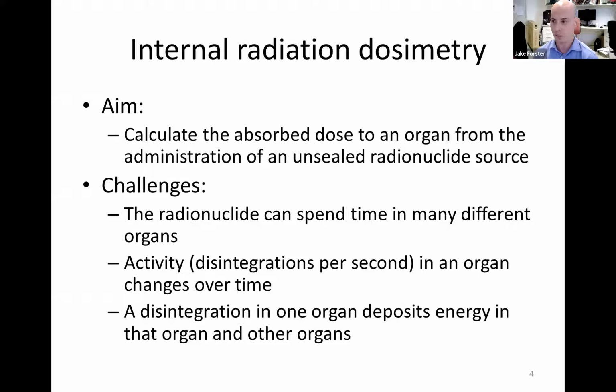Another would be that the activity, or the disintegrations per second, in any organ will change over time. And maybe the third would be this appreciation that a disintegration in one organ can deposit energy not only in that organ, but also in other organs. And it could do this by emission of gammas, betas, electrons, and so on.